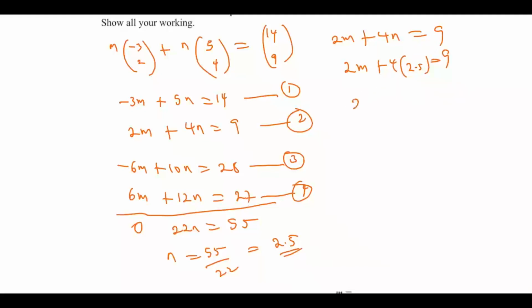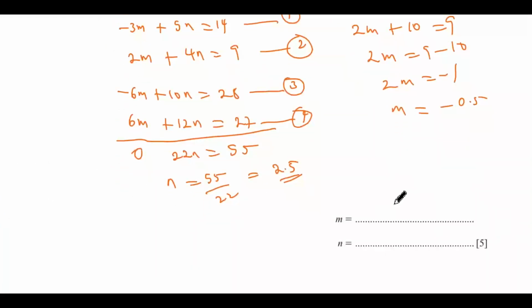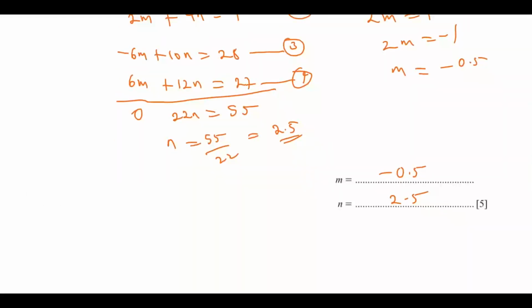So 4 times 2.5 gives 10, so 2m plus 10 equals 9. 2m gives 9 minus 10, so 2m equals negative 1. m equals negative 0.5. So that means m equals minus 0.5 and n equals positive 2.5. So that is the solution of those simultaneous equations.